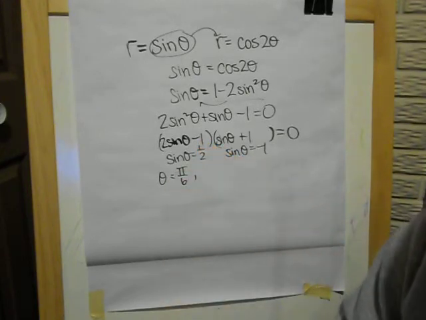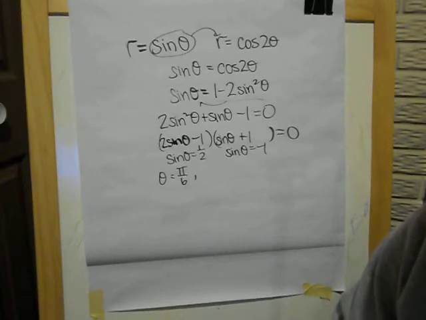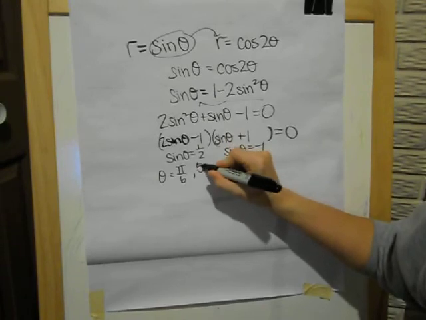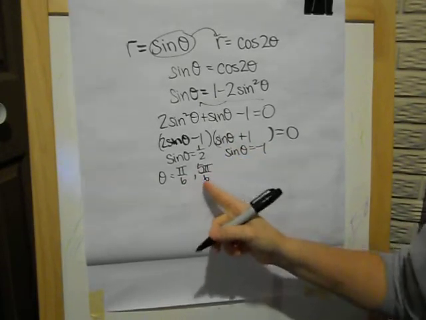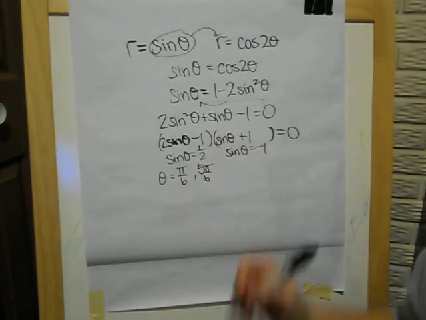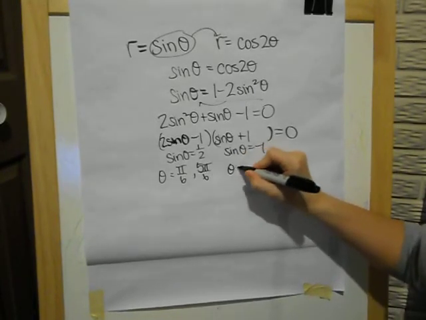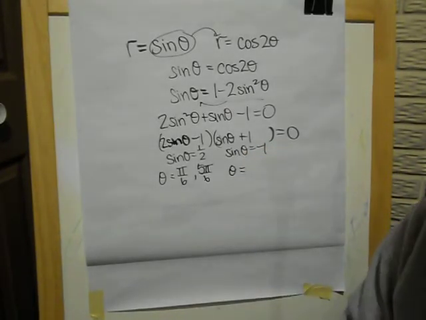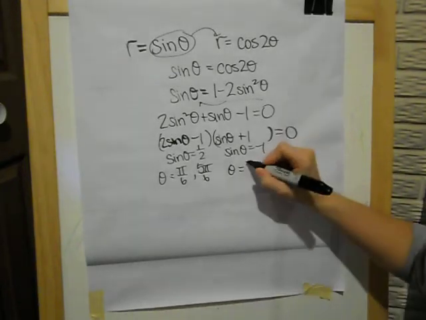So it can also give us an answer in the second quadrant. So pi over 6, and the second quadrant answer would be 5 pi over 6. So 30 degrees and 150 degrees. Now sine of theta equals -1, and that only happens one place. The only time that sine is -1 is at 270 degrees, or 3 pi over 2.